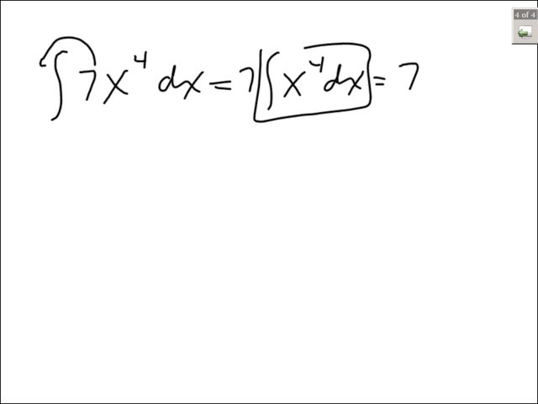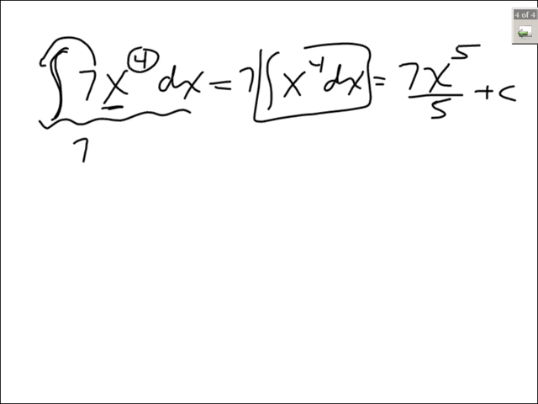This is x, make the new power 1 more, divide by that power, plus the constant. You can do that right from here. There's the constant. There's x to a number. We want the antiderivative of that. Make the new power 1 more, divide by that same power, plus c. Same answer we got over here.